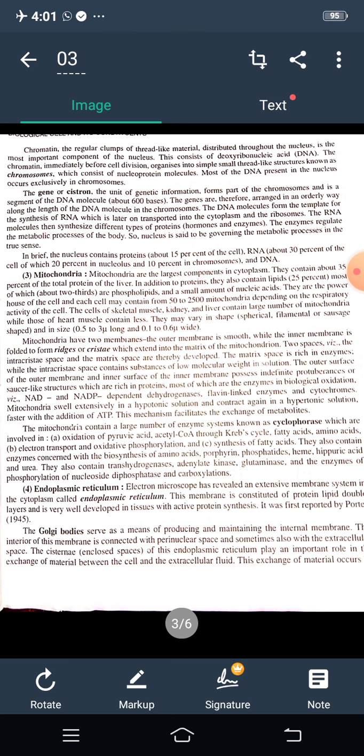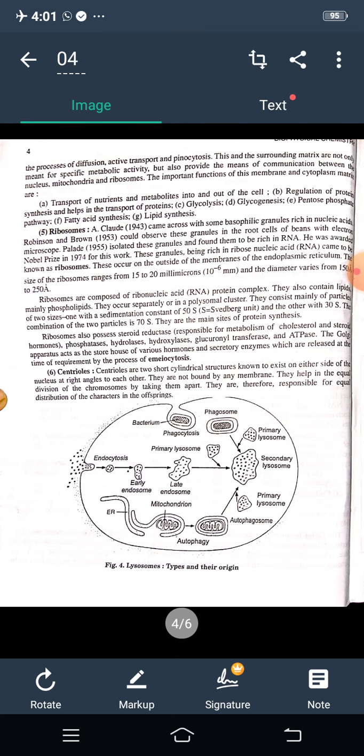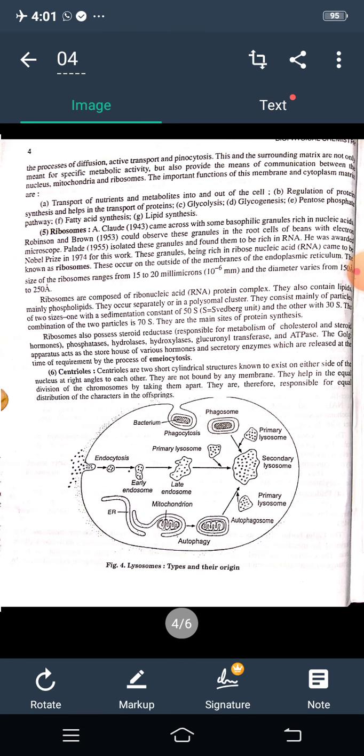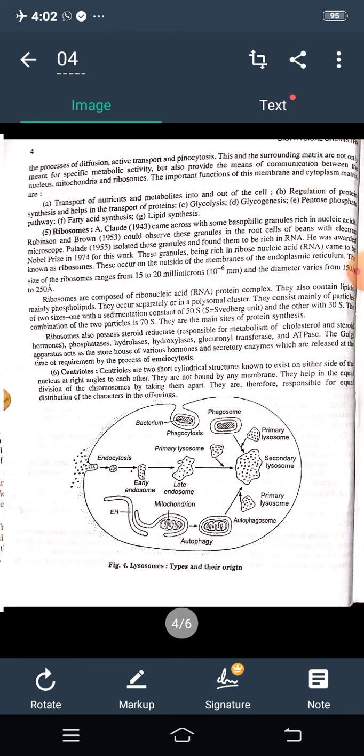So, this exchange of material occurs by the process of diffusion, active transport and pinocytosis. This and the surrounding matrix are not only the means for specific metabolic activity but also provide the means of communication between the nucleus, mitochondria and ribosomes.